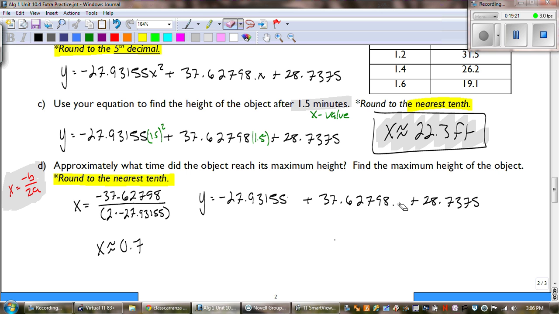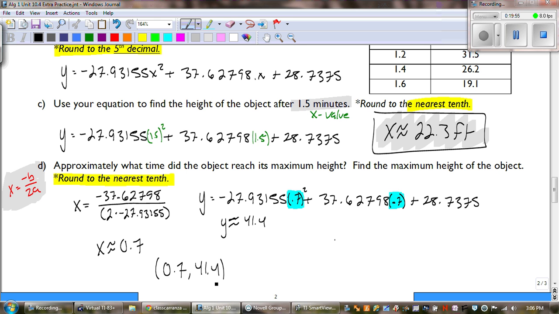We have to plug in the number that we just found. Okay? Okay, because our vertex is 2 points. Now, after you round that, guys, you should have gotten 41.4.